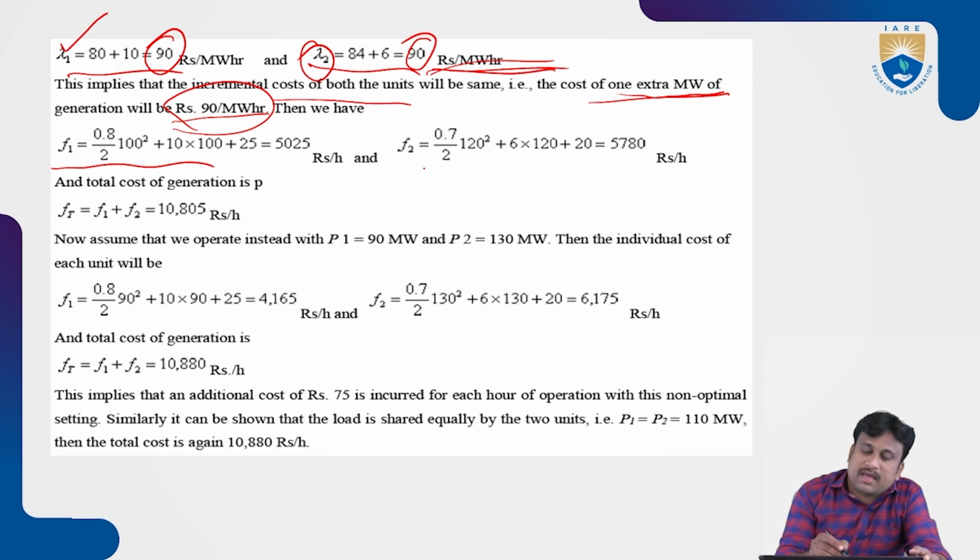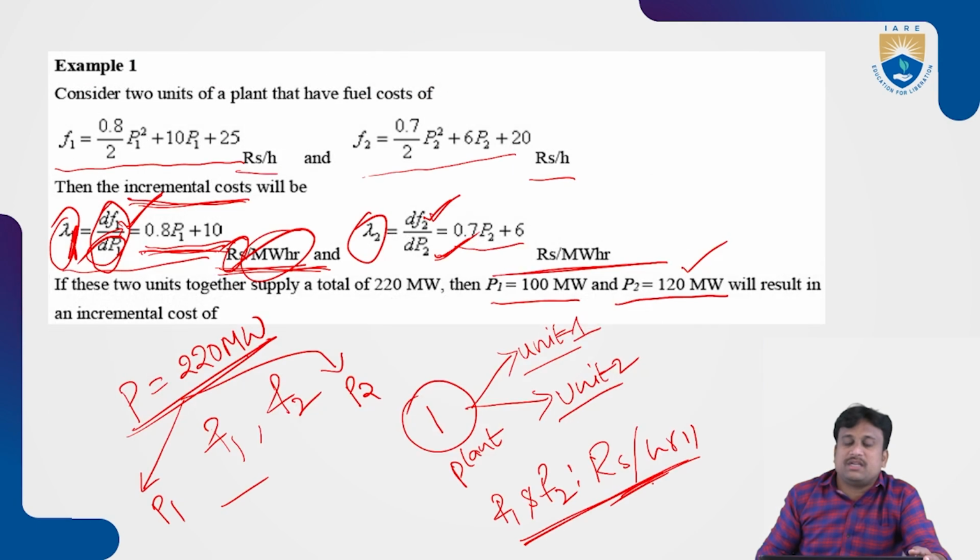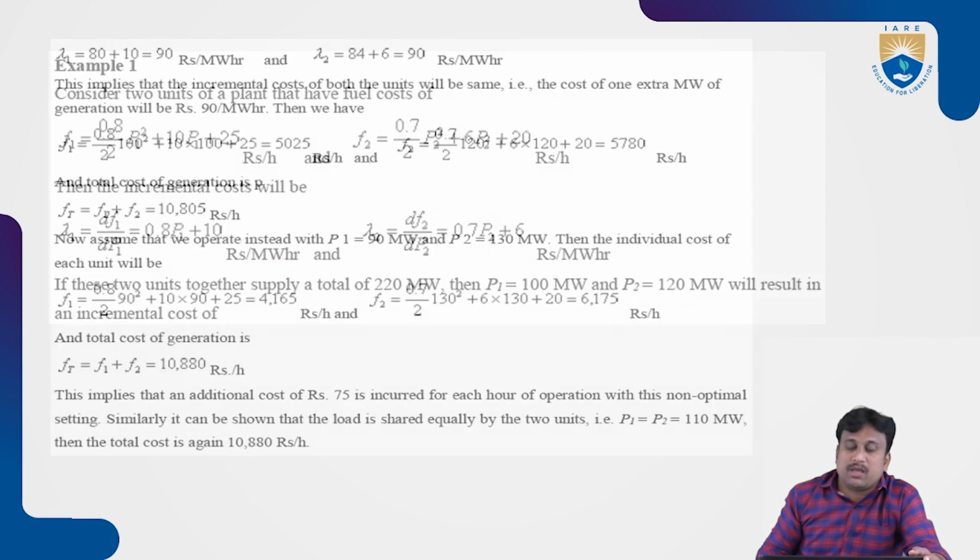Similarly, with the same analysis for the expression F2, 0.7/2 P2 squared plus 6 P2 plus 20.